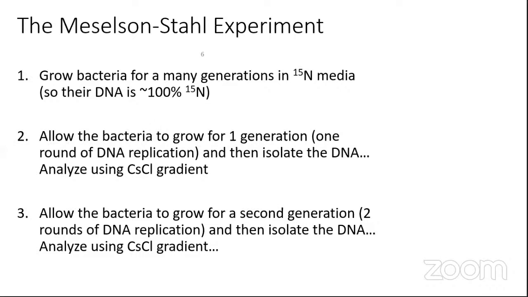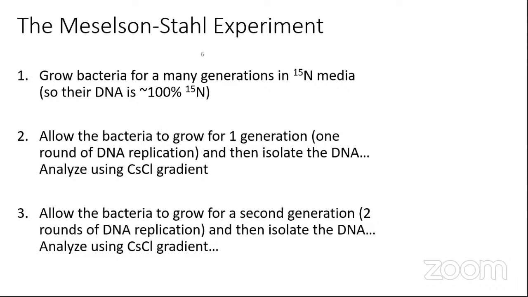The reason for using N15 or N14 in the media is that DNA is made up of nitrogenous bases, so they need nitrogen for synthesizing the nucleotides and forming a DNA strand.